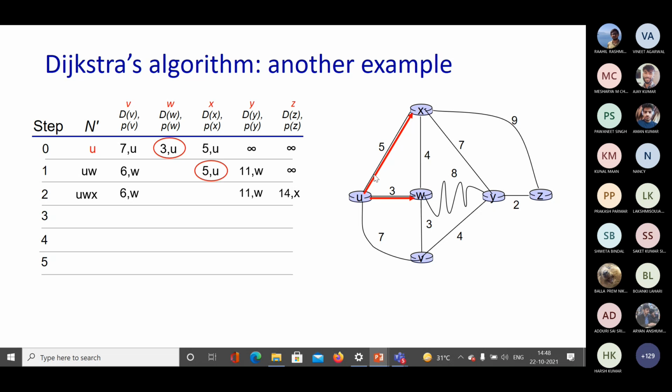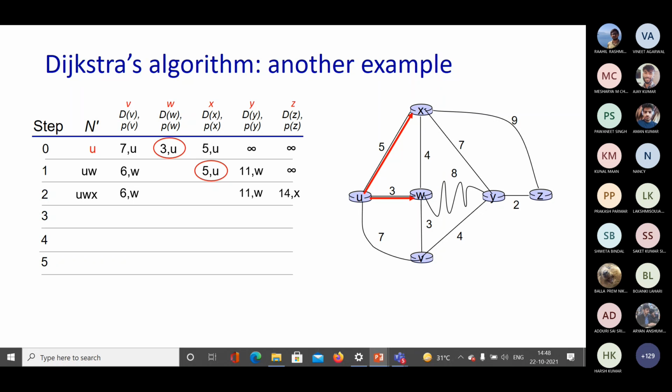But what was the earlier cost? From W, if you go to Y, it is 11. That is U to W, W to Y, which was there in the last one. So that is less than 12, so we are going to keep it as 11 comma W. That means if you want to visit Y from U, it is better to visit via W than via X because it is going to cost you more.